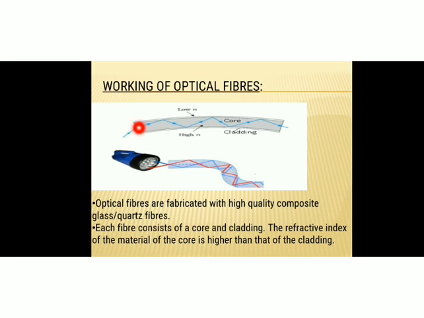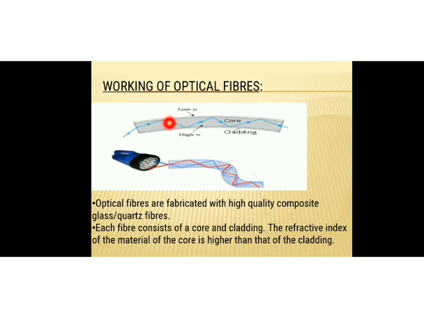The light ray will bend, and this light ray will be incident on the cladding in such a way that the angle of incidence is greater than the critical angle. We know whenever the angle of incidence exceeds the critical angle, it is totally reflected back. So this is total internal reflection.